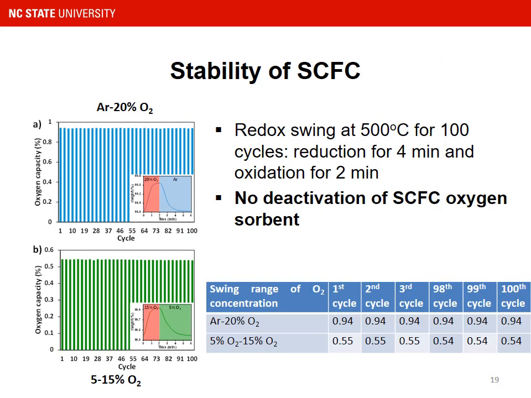The stability of this co-doped sample was studied by pressure swing between argon and 20% oxygen, as well as between 5 and 15% oxygen. Both experiments show that this sample is very stable for 100 cycles of oxygen production. No deactivation was observed. For example, at the first few cycles, the oxygen capacity is 0.94, which remains the same at the end of 100 cycles of test.